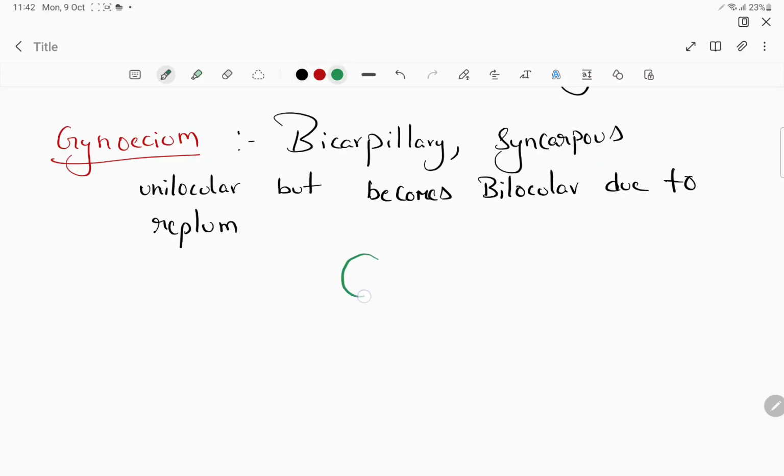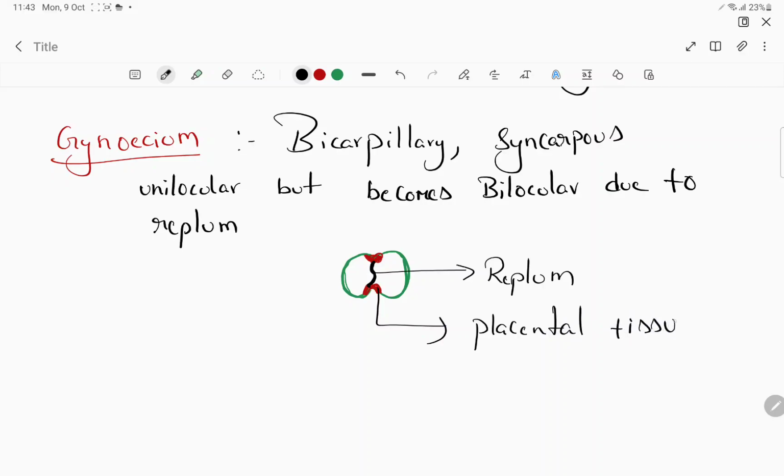In case of ovary, we have 2 ovaries which are fused, bicarpellary, syncarpous, and this partition will be degenerated, and you can see the placenta, this is parietal placentation, and the connective tissue that is developed between this we call replum, and this is the placental tissue, and this is the ovary.